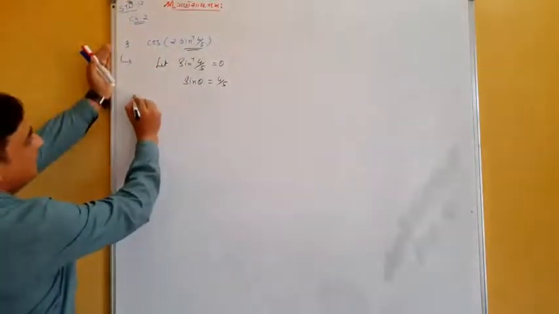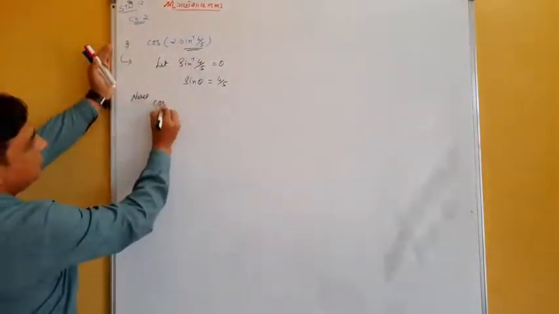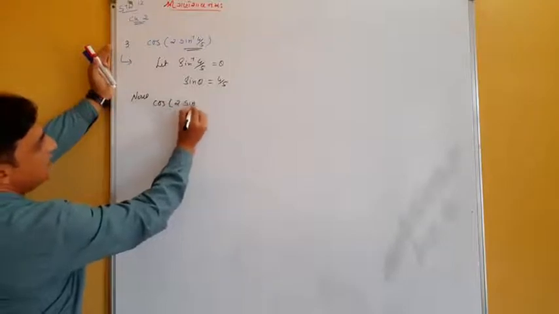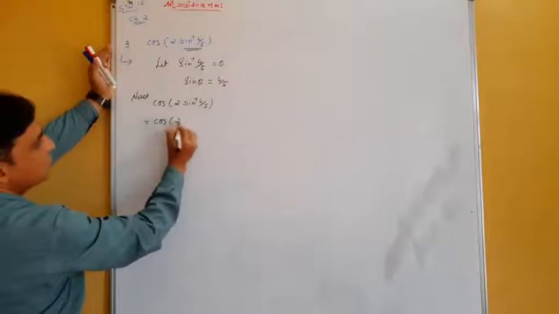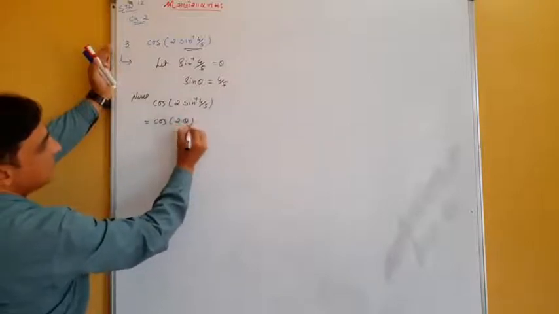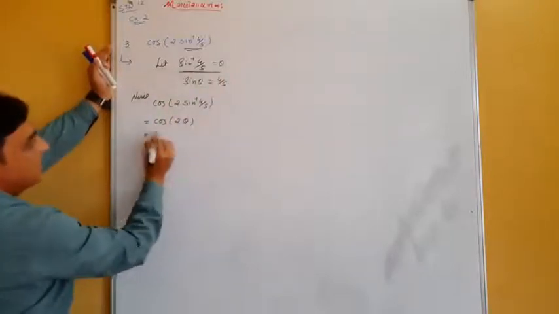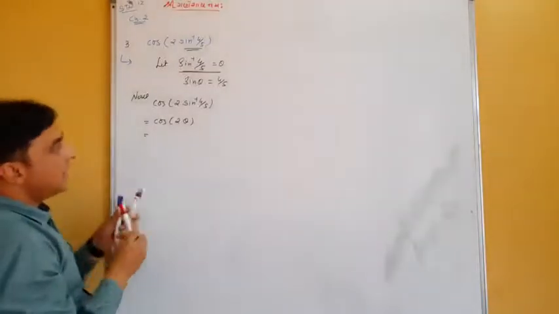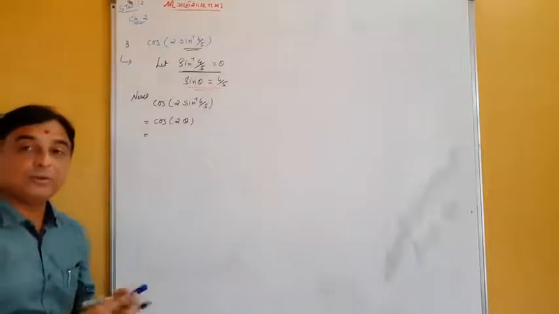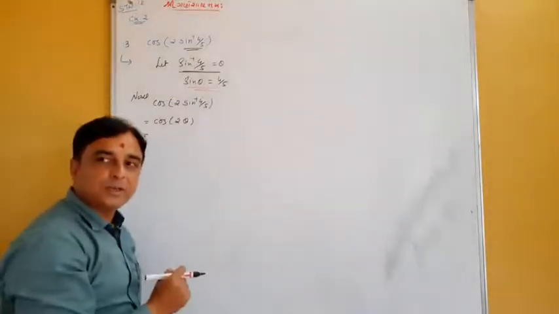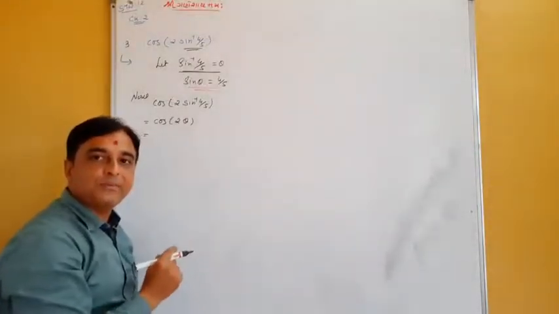Now cos 2 sin inverse 4 by 5, where sin inverse 4 by 5 is our theta. Now the answer of cos 2 theta is in sin, so we have to use the formula of cos 2 theta in terms of sin theta.